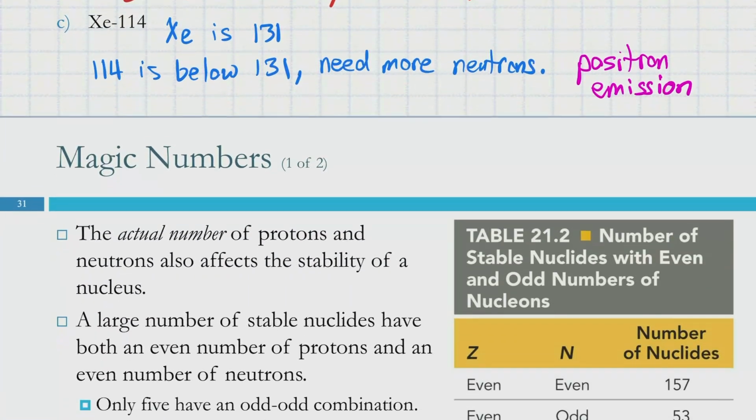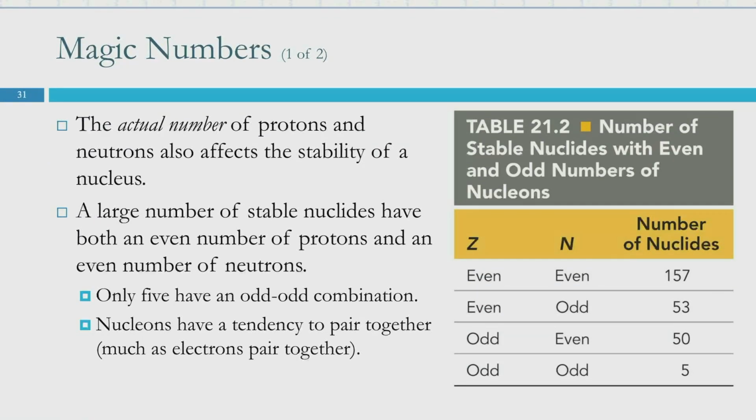All right, also related, we have these so-called magic numbers. So it's not just the ratio that's important. The actual number of protons and neutrons also matters.